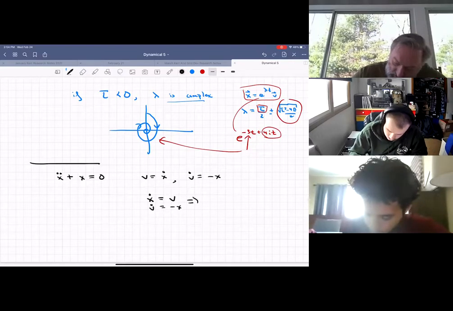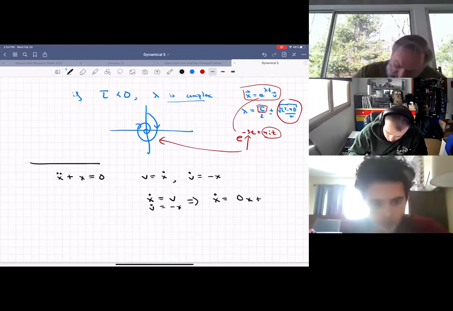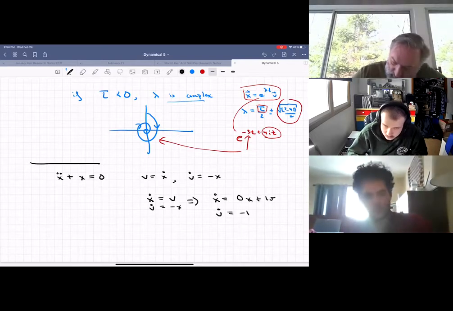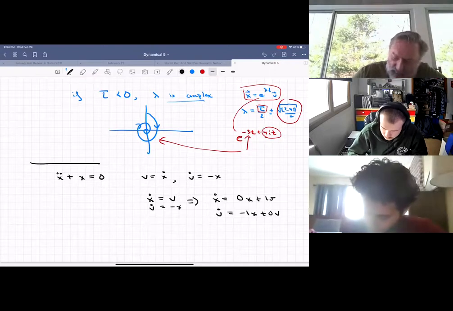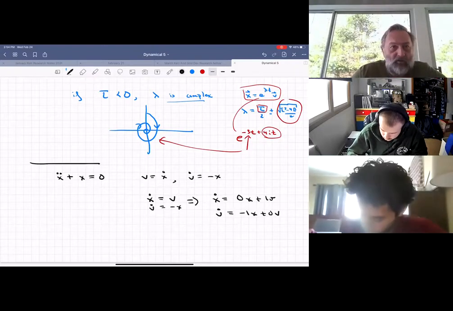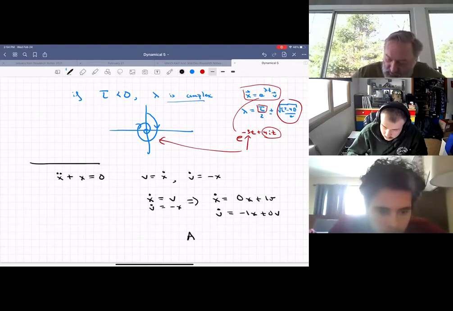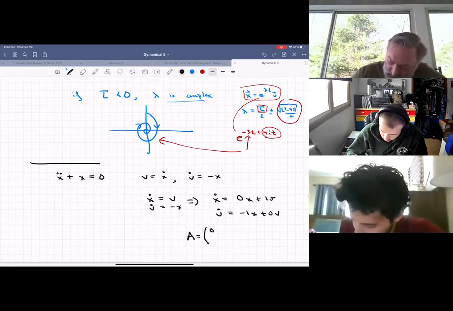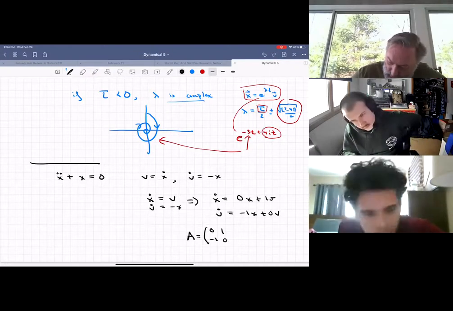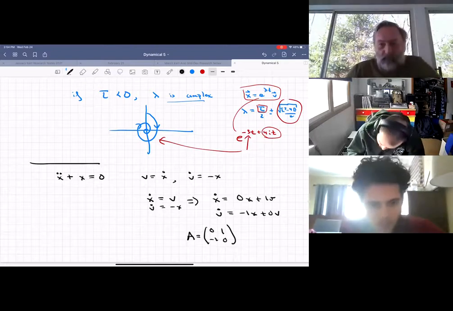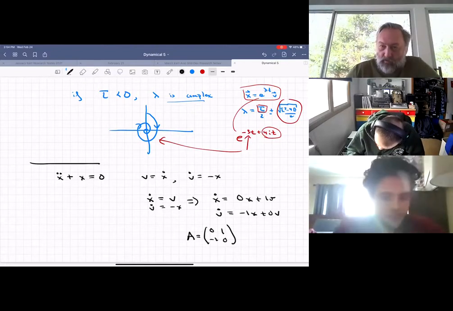Or if I write these another way, x dot is 0x plus 1v, v dot is minus 1x plus 0v. Okay, both good on that? So that means the matrix A is 0, 1, minus 1, 0.